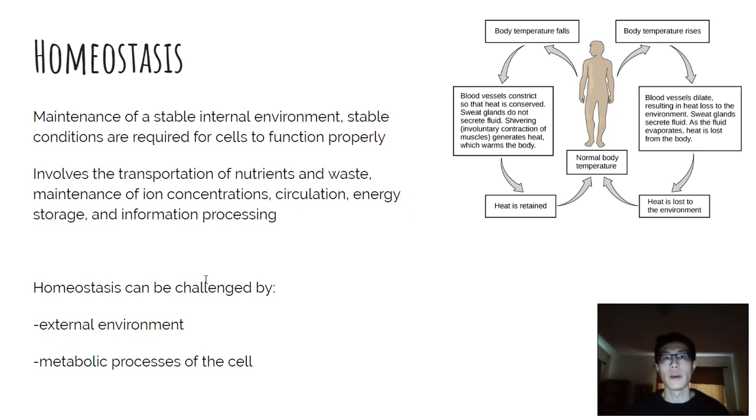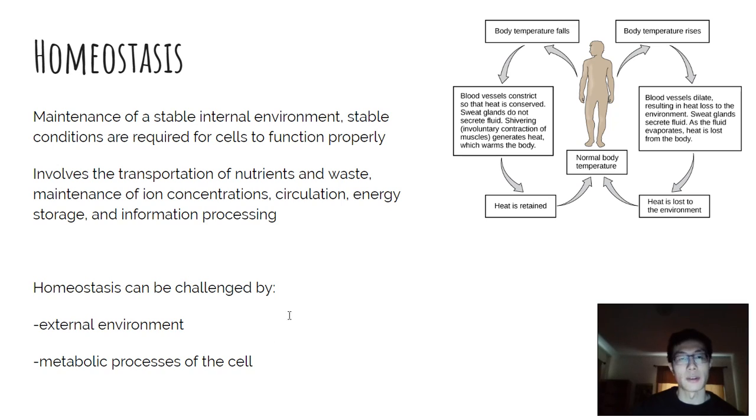So in order to allow our bodies to function properly, we have to maintain these things over here, and that allows for stability. So we have all these feedback systems that allow our bodies to basically maintain itself and be able to function even in shifts in the environment. Of course, as mentioned, these shifts can cause challenges to homeostasis.